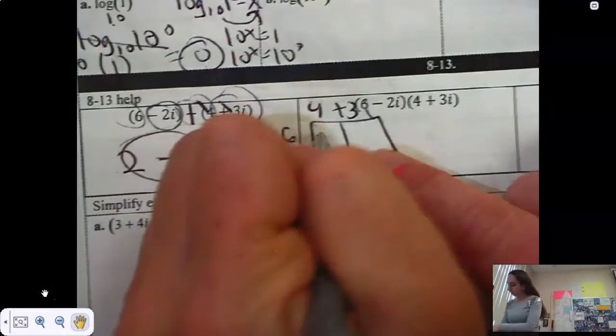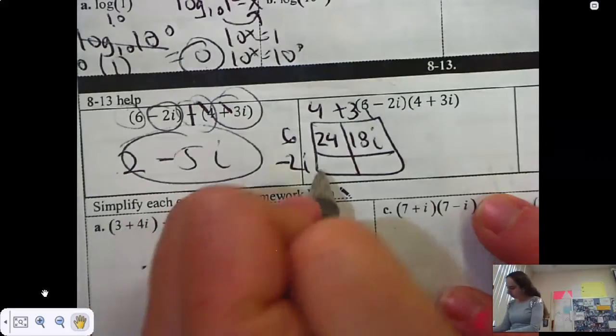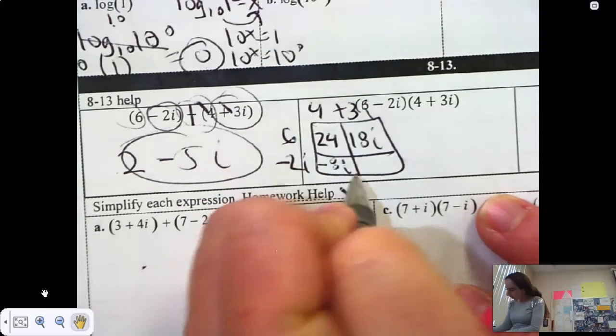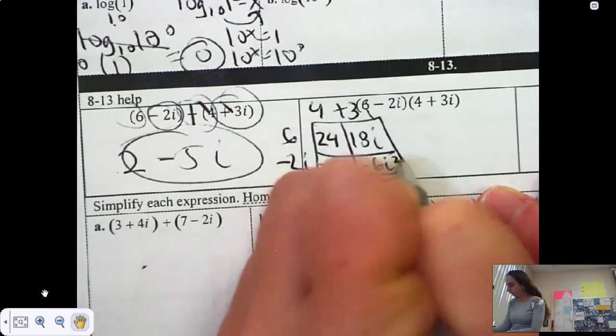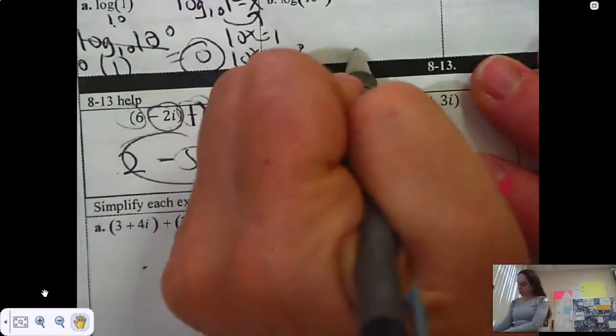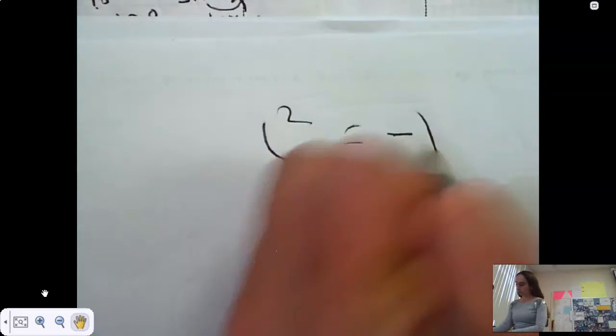I am. So 24, 18i, negative 8i. 3i times negative 2i is negative 6i squared. Remember when you have an i squared, it equals negative 1.